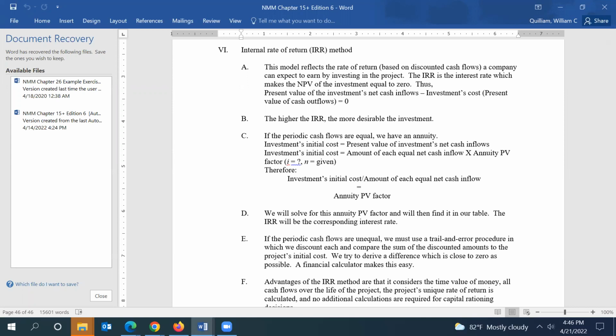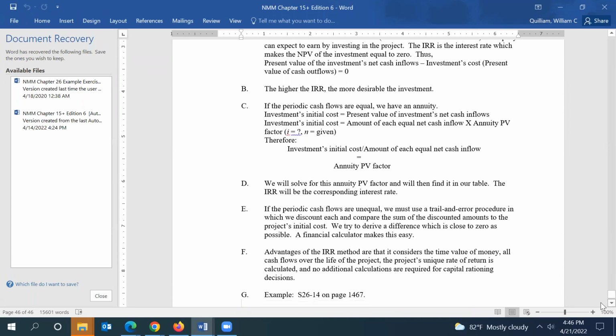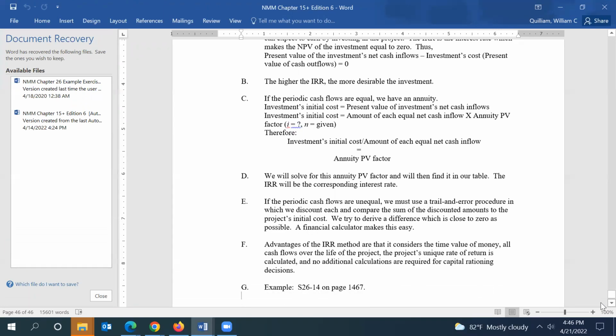Well, then F, the advantages of the internal rate of return method. It considers the time value of money, considers all cash flows over the life of the project, considers the project's unique rate of return to be calculated, and no additional calculations are required for capital budgeting decisions. For capital budgeting decisions, you simply go with the highest IRR.